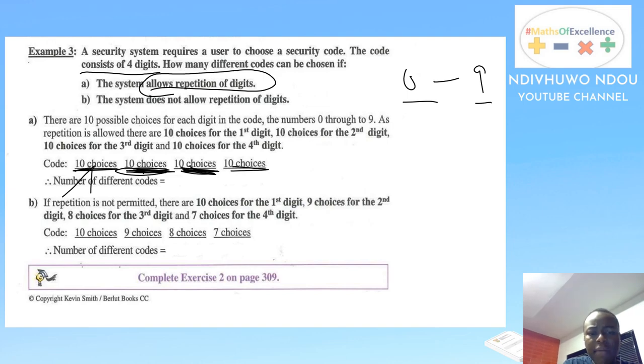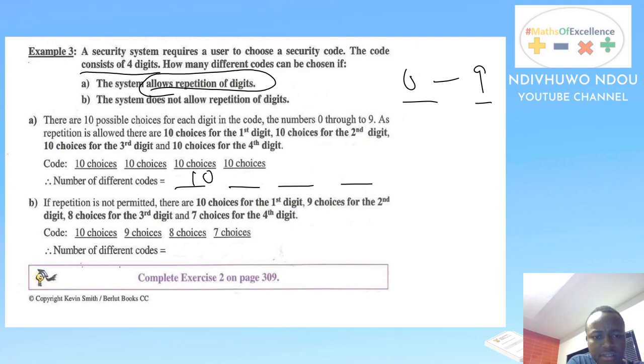So the total number of different, okay, let me just delete this. The total number of different codes that can be formed. We have 10 choices first position, 10 choices second position, 10 choices third position, 10 choices fourth position.